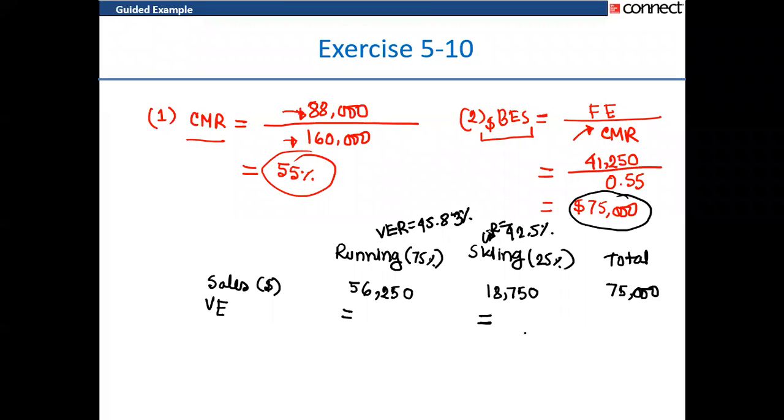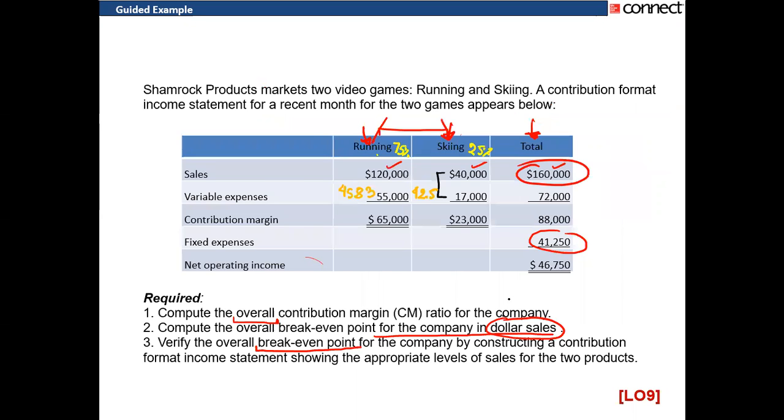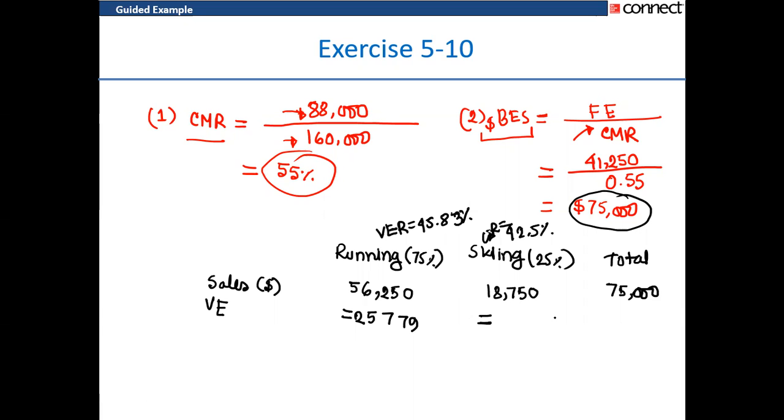Okay. 25,779 for running, and 7,968 for Skyeng.